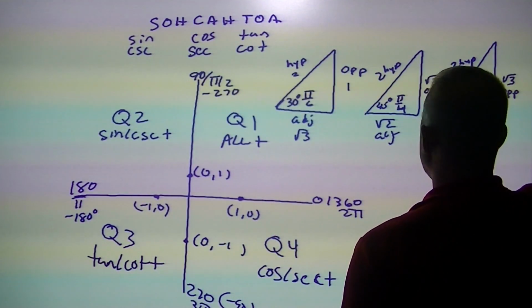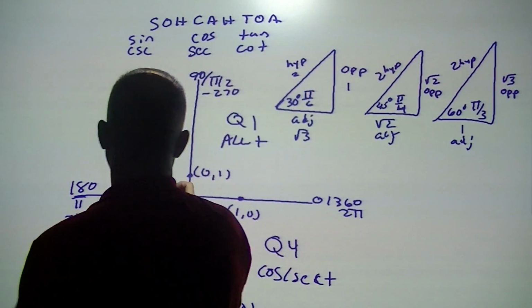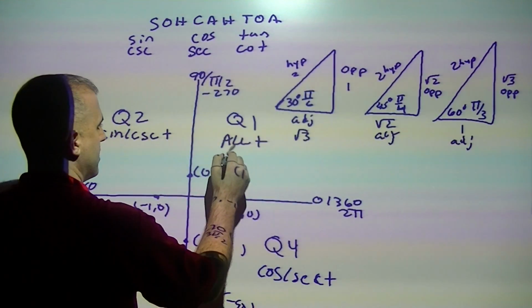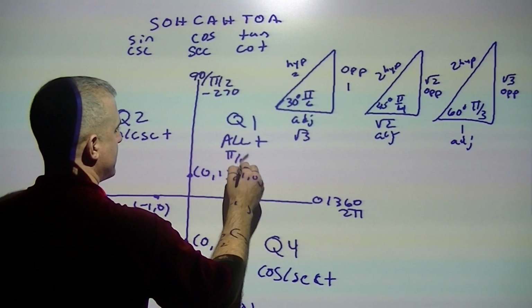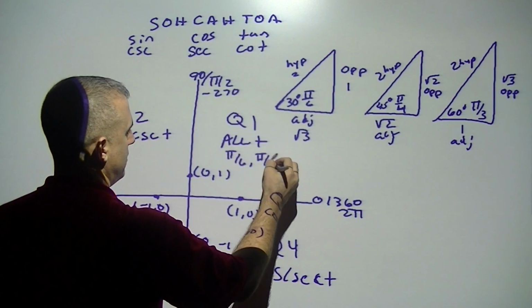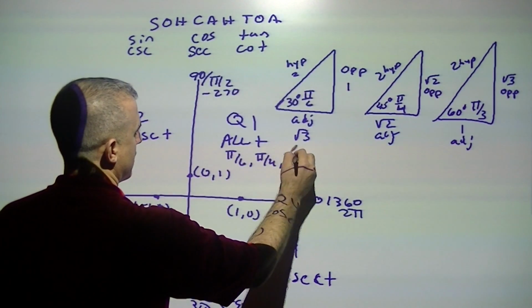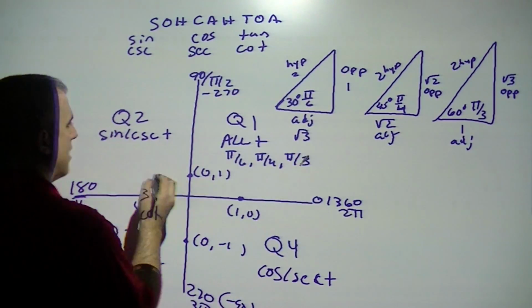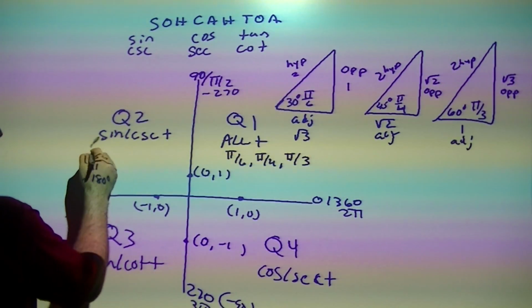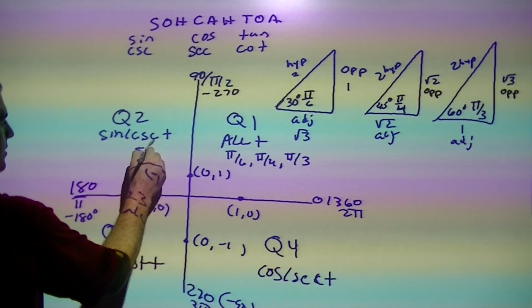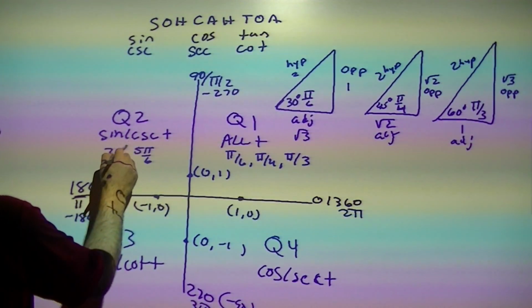Okay? All right? Also, I might write out some of these measurements. Pi over 4, pi over 3. I know that these will be 5 pi over 6. I know this is 3 pi over 4.